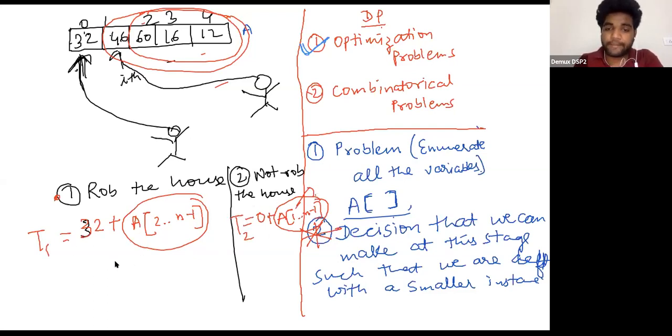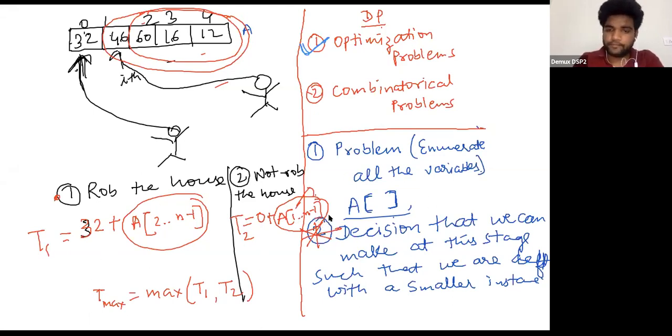So what is the maximum money that he can make? The maximum money that he can make will be the max of these two, T1 and T2, right? Do you understand this?